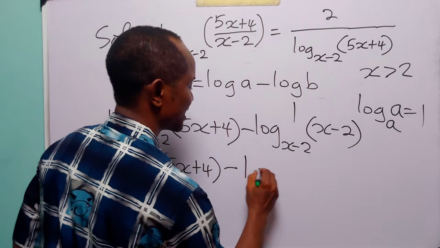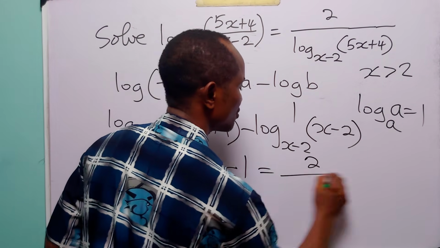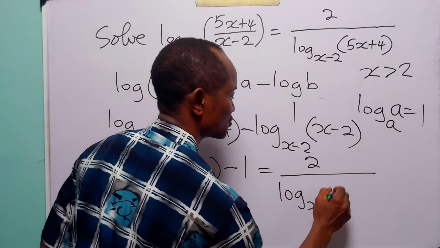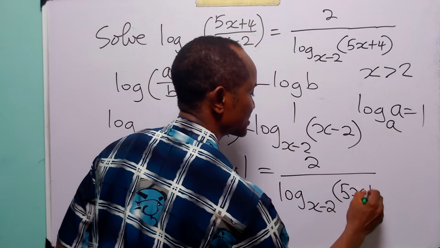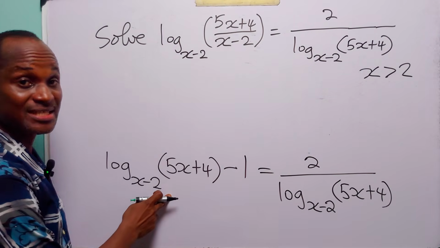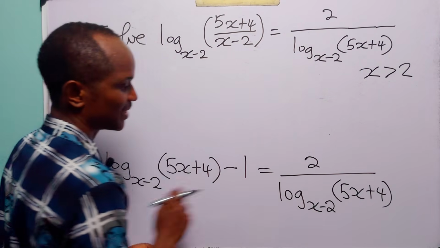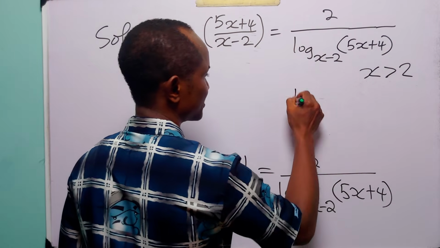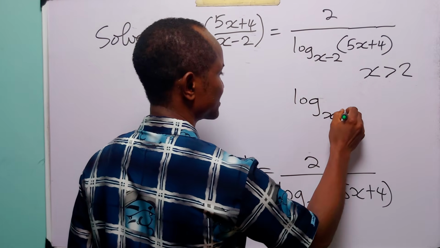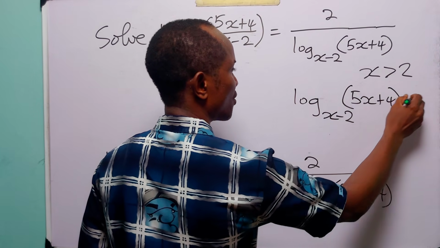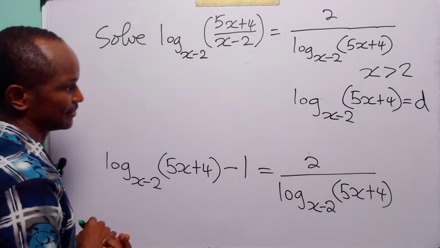And on the right-hand side, we still have 2 over log to base x minus 2 of 5x plus 4. Now, since we have this here and exactly the same thing here, let us do a substitution. Let us replace log to base x minus 2 of 5x plus 4 with the letter d.